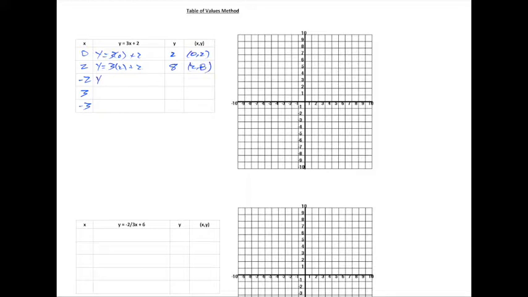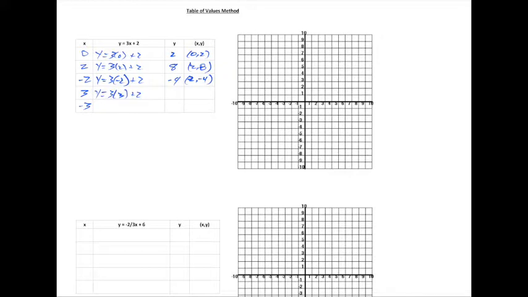Now let's plug in negative 2. 3 times a negative 2 is negative 6. Negative 6 plus 2 is negative 4. And so we have the ordered pair (-2, -4). And we'll do this again for 3.